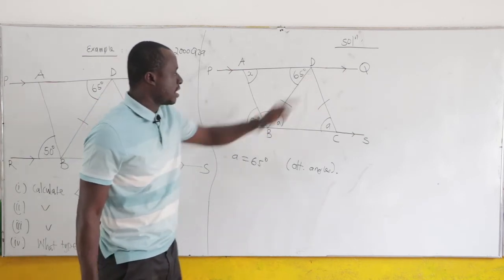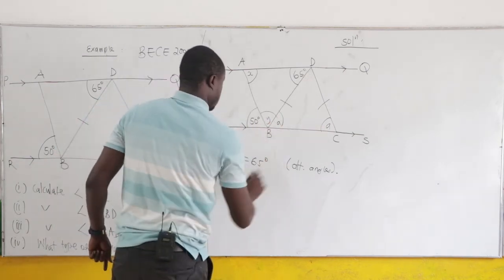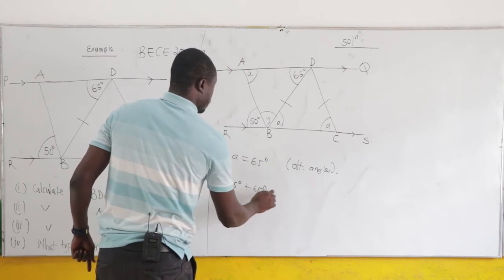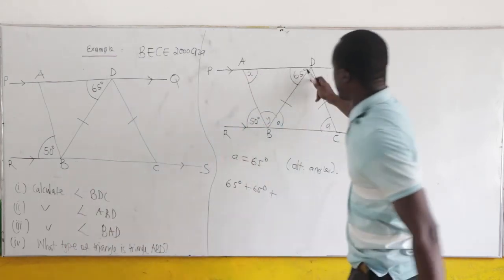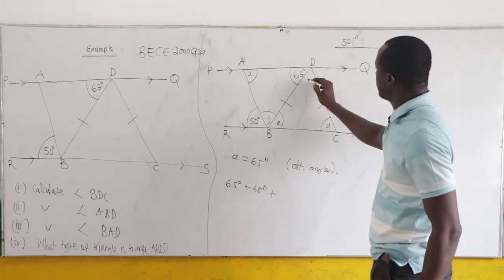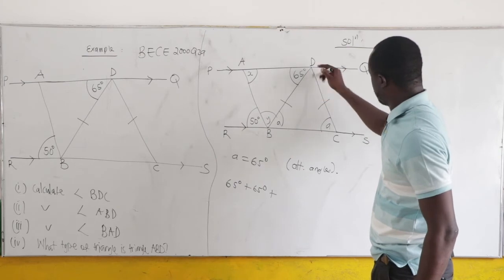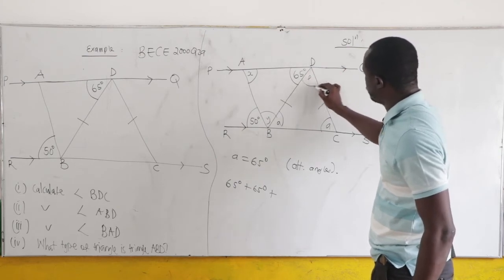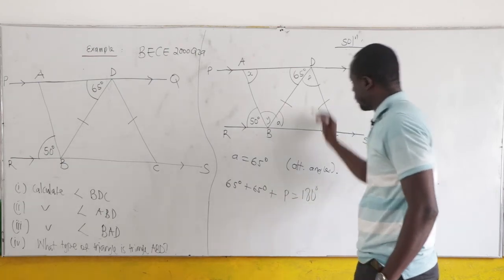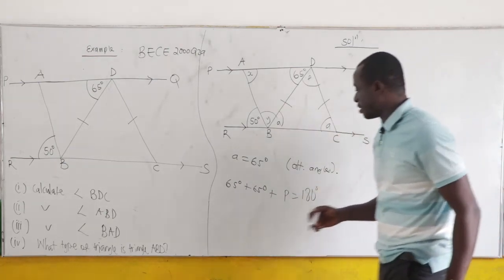So for us to find the angle over here, 65 degrees plus 65 degrees plus the angle over here. Let's suppose the angle here is P. So plus P equal to 180 degrees. Sum of angles in a triangle equal to that.